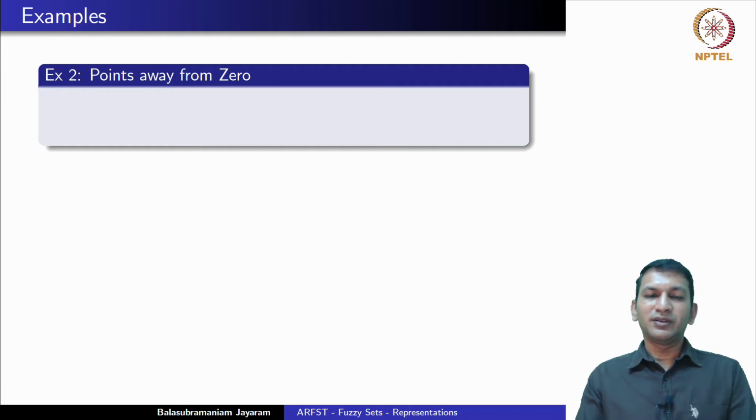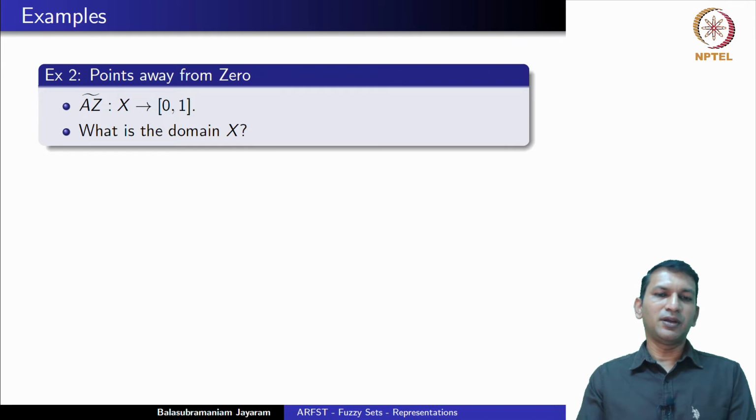Now, consider this phrase, points away from 0. Once again, it is a concept, so we can take the help of fuzzy set to capture this concept. Once again, the moment we think of a fuzzy set, we think of a function from a suitable domain X to the 0, 1 interval.